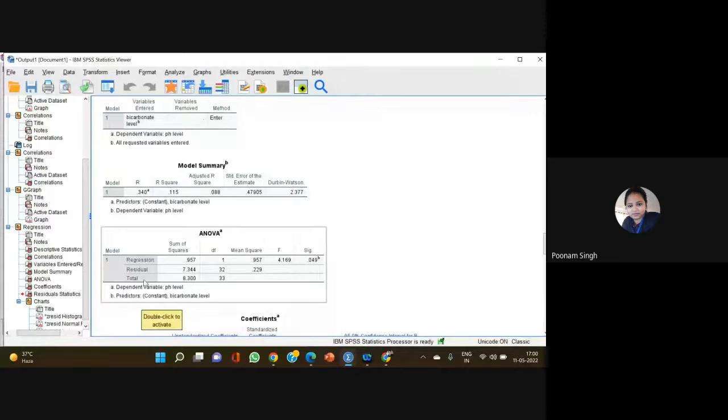Here the dependent variable is pH level, and the predictor variable is bicarbonate level. So there is a significant relationship between the predictor and dependent variable.